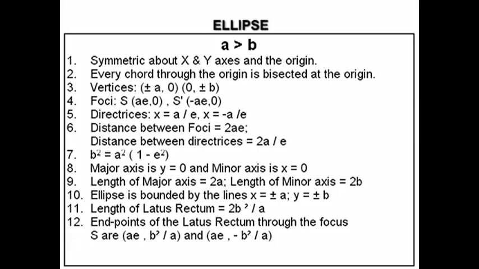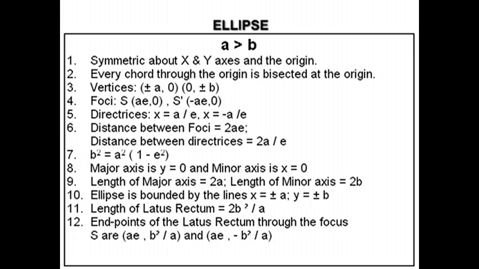As this ellipse is symmetric about both the axes, it is symmetric about the origin also. Every chord of this ellipse through the origin is bisected at the origin, and therefore the origin is the center of this ellipse. That is, the ellipse is a central conic. Note that a parabola is not a central conic.